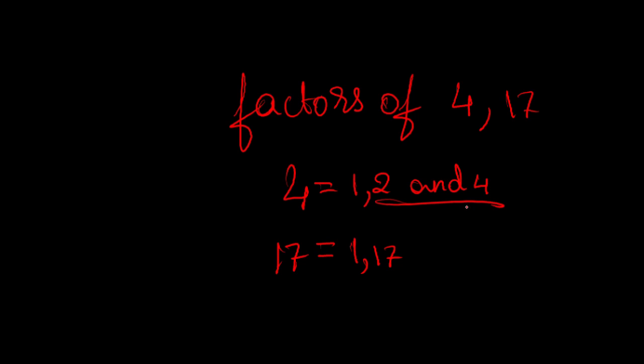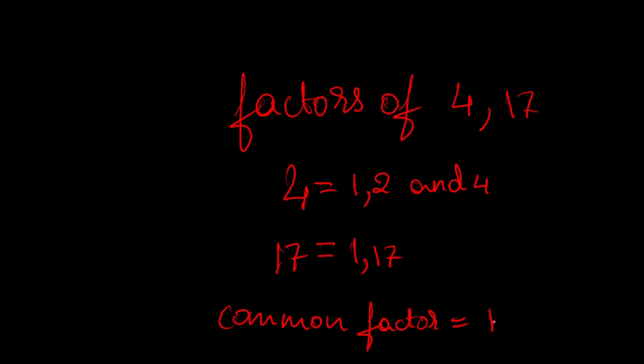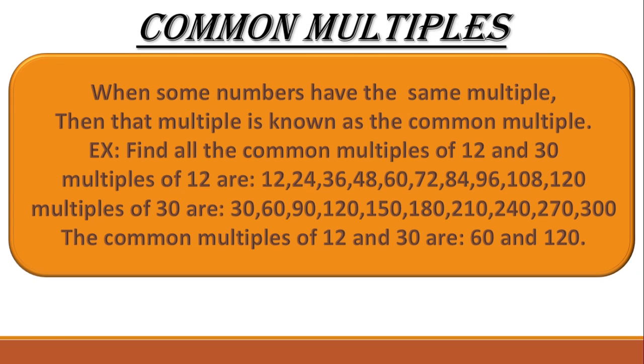So 2 and 4 are not there in 17, and 17 is not there in 4. The only common factor is 1. So hence 4 and 17 are coprime numbers. So if the common factor is only 1, then they are called coprime numbers. That's it.